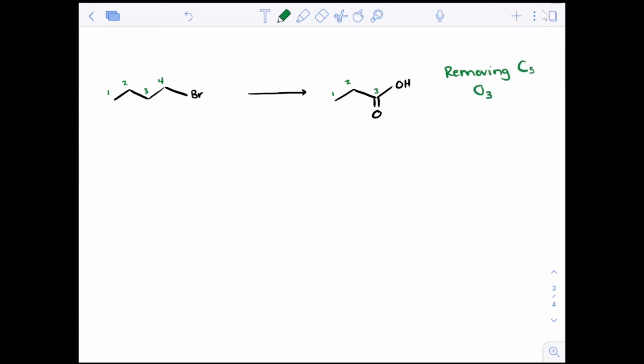Now what we see here is that we end up with an extremely oxidized carbon, a carboxylic acid. So thinking backwards, the only way ozone made a carboxylic acid was with a triple bond. 1, 2, 3, 4. The other byproduct here would be carbon dioxide that would bubble out of solution.